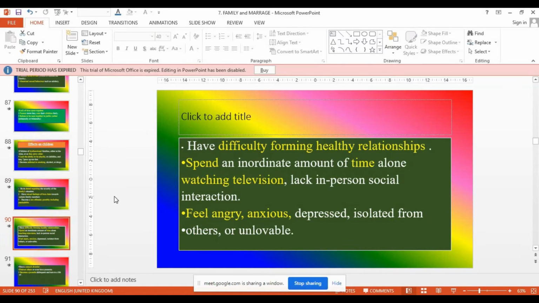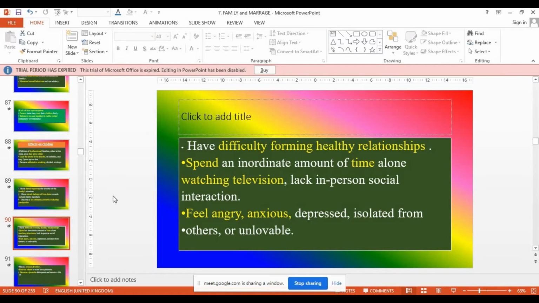Next, difficulty forming healthy relationships. Difficult to interact with other people normally due to family disorganization, which means the lack of care gained from their own parents.